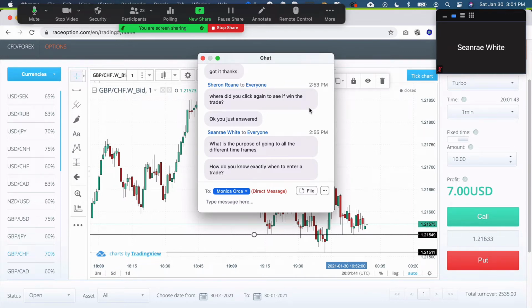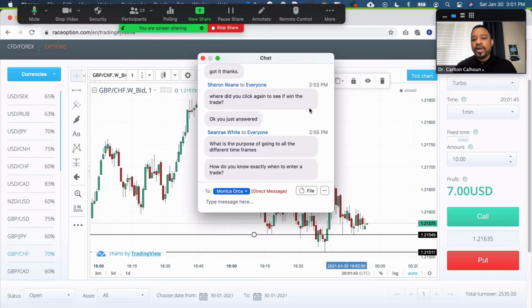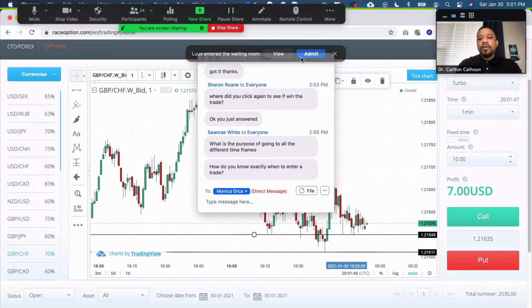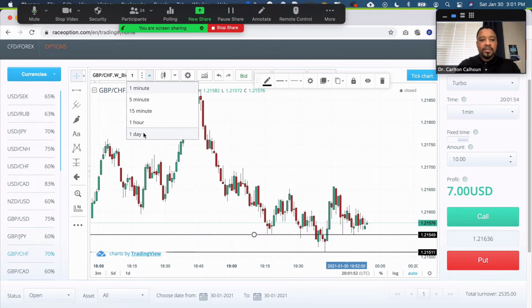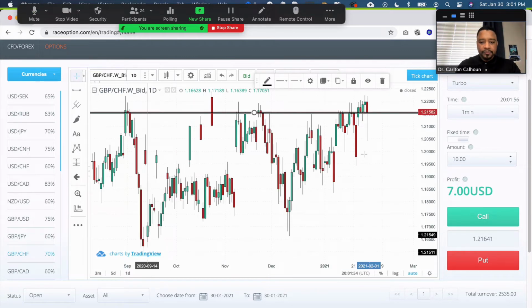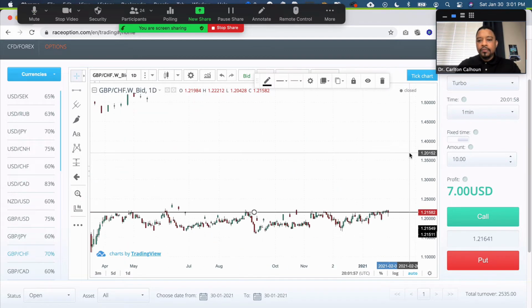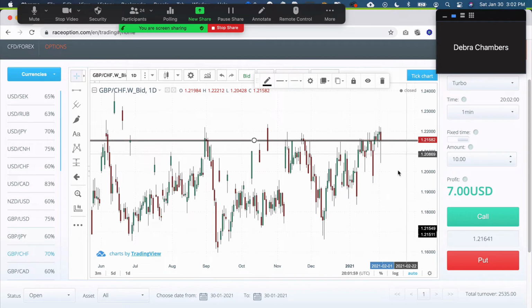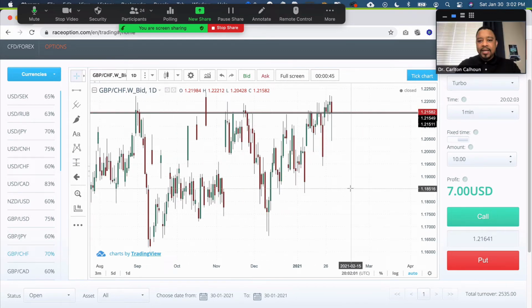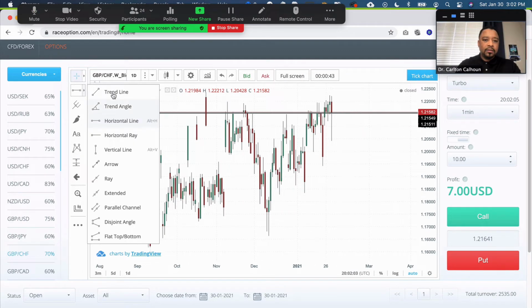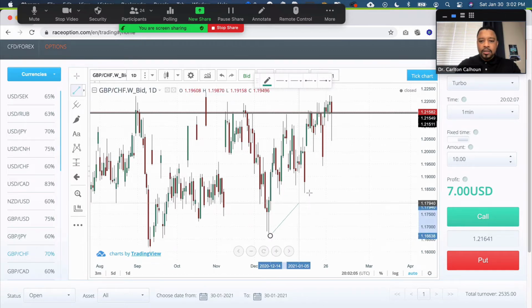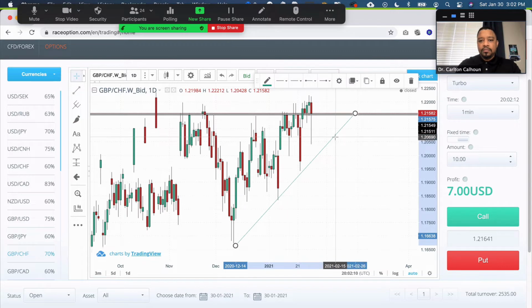All right. The purpose of going to different time frames is to see the direction of the market. So you want to get an overall direction of the market. So the higher your time frame, let's go to the day, for example. See, on the daily, at least temporarily, you have an uptrend. Let's make that thicker.